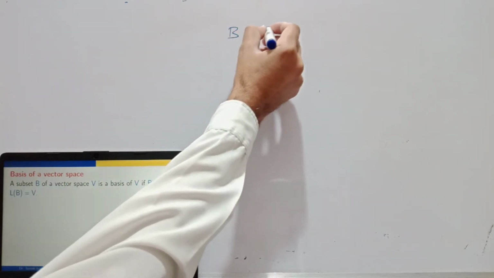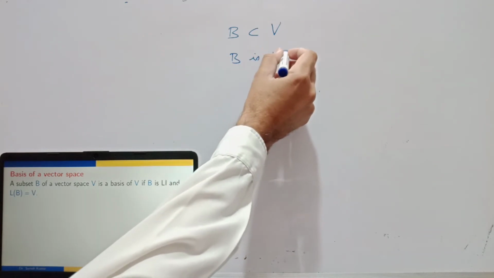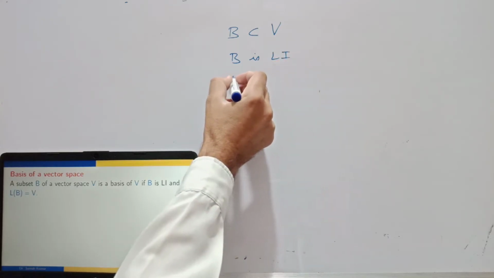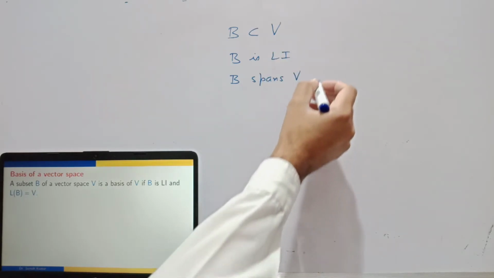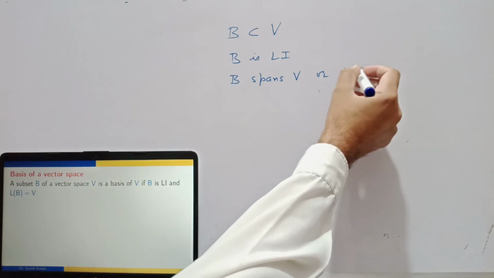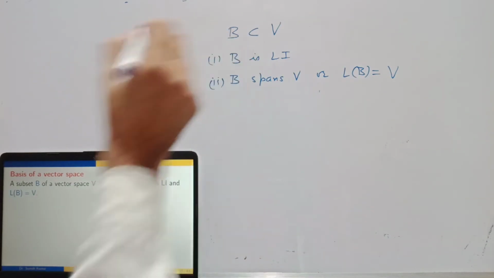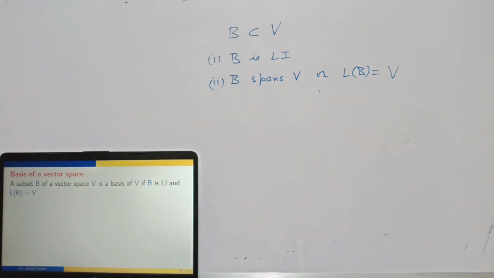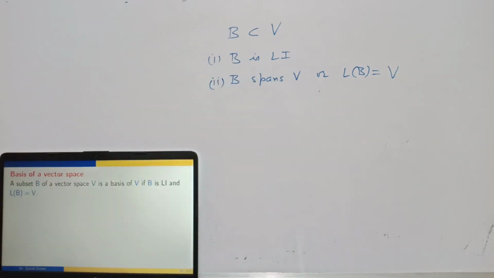B is a subset of V, the vector space V. B is linearly independent and B spans V, or L(B) equals V. The set B with these two properties is called a basis of the vector space V. Okay, you already know the meaning of linearly independent vectors and the meaning of spanning set.